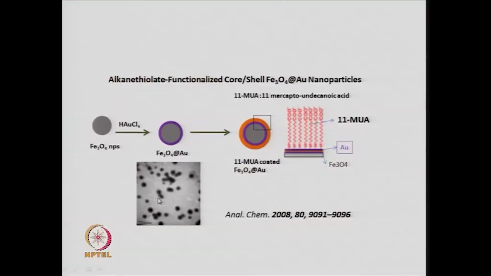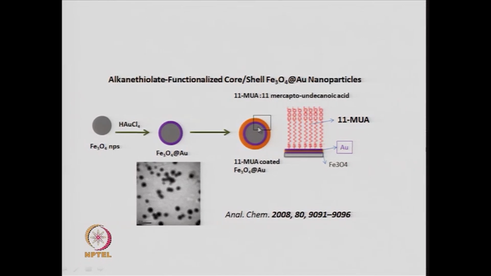Now, this is another example of a core shell structure, where we have used an alkane thiolate functionalized core shell structure, where the core is made of iron oxide Fe3O4, and it is coated with gold. So, you have this iron oxide inside, and outside you have a gold coating.